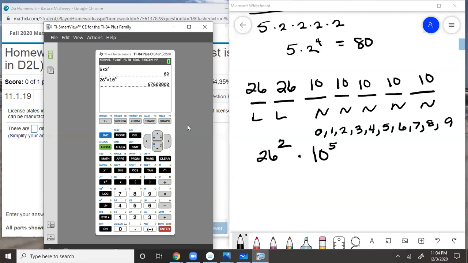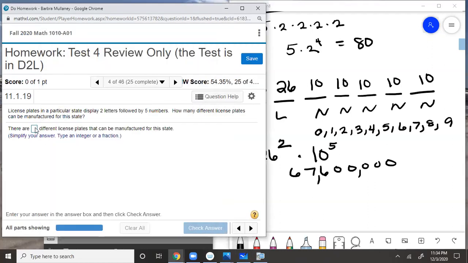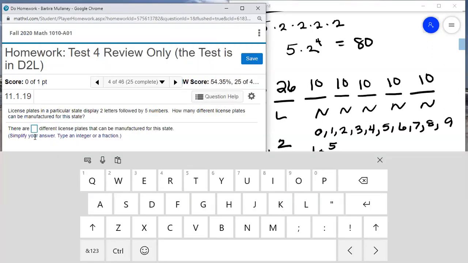And that is a big number there. 676 with 5 zeros there. So we have 67,600,000 different license plates that we can order for this state.